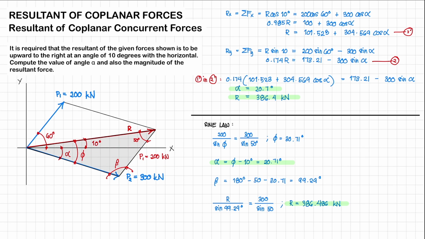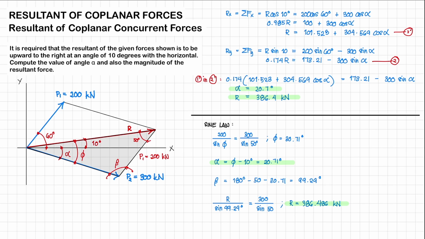So to solve for angle phi, we're just going to apply our sine law. So we have here 200 is to sine phi as 300 all over sine 50 degrees. So we have this equation, one unknown, we could solve for angle phi. And that is going to be equal to 30.71 degrees.